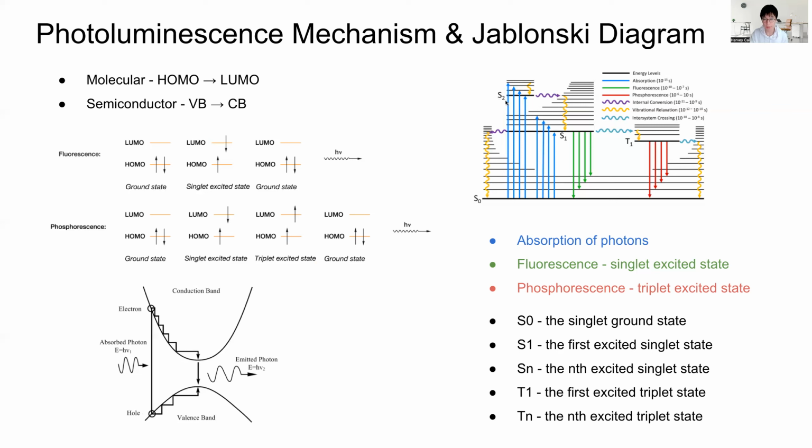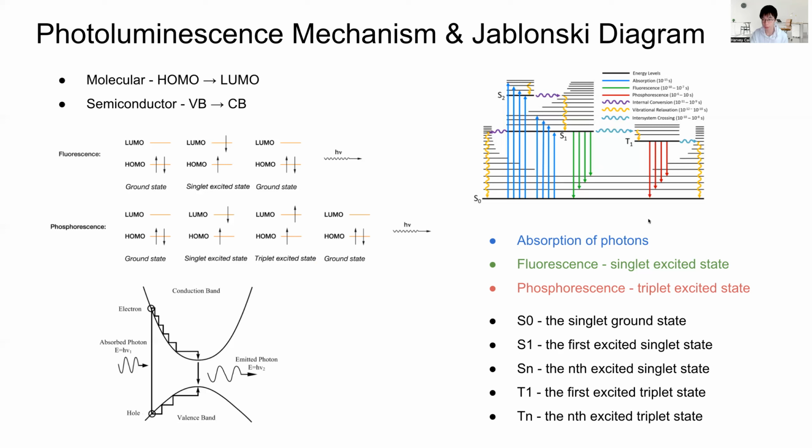S1 here represents the first excited singlet state. When the electron goes from S1 to the ground state, the phenomenon of fluorescence will happen, which is represented by the green lines.